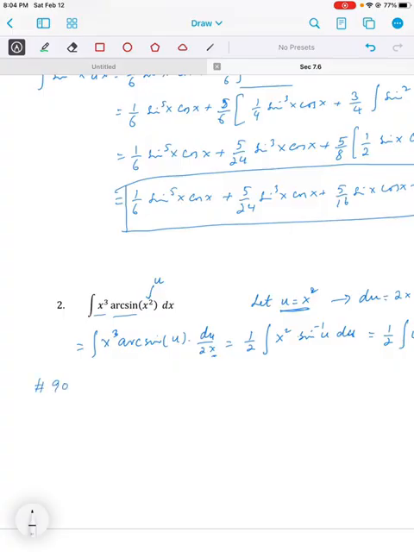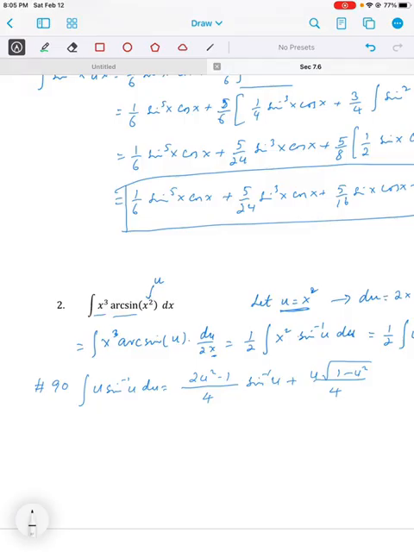So number 90 says integral of u sin inverse of u du is equal to (2u squared minus 1) over 4 sin inverse of u plus u times square root of 1 minus u squared, over whole everything over 4. And then we can put plus C.